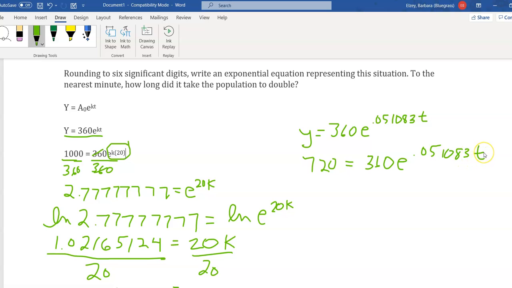So again, we're solving a second exponential equation. So first thing I need to do is divide out my 360 and get the exponent and its base by itself. When I do that, 720 divided by 360 is 2.